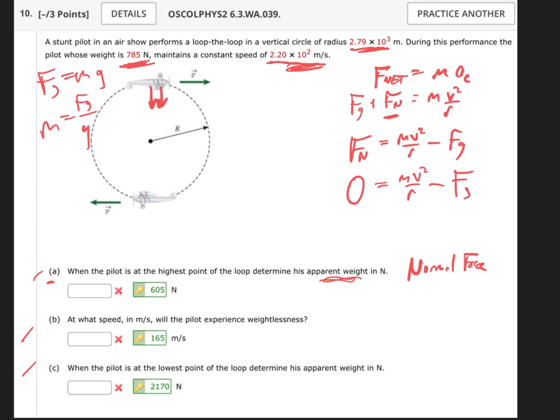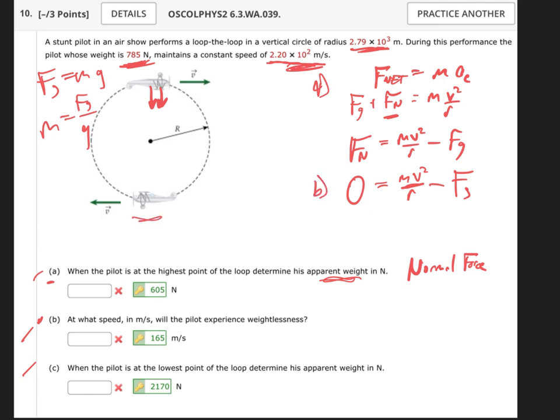So now I know the mass, I know the r, I know Fg, and I know that the normal force equals 0. I'm going to solve this equation for velocity. So that's part B. So this is part A, this is part B.